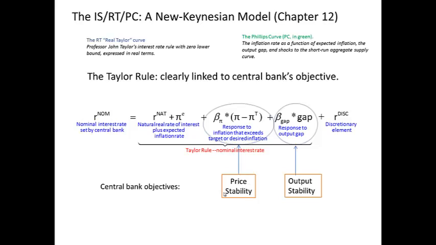We can see this in the Taylor rule by looking at the response of the interest rate to inflation when it exceeds some target or desired level. The inflation target can be explicit or, as in the case of the United States, implicit. We can also see the goal of output stability, such as the Humphrey-Hawkins mandate in the United States. That's going to be reflected in the response of the interest rate to changes in the output gap.